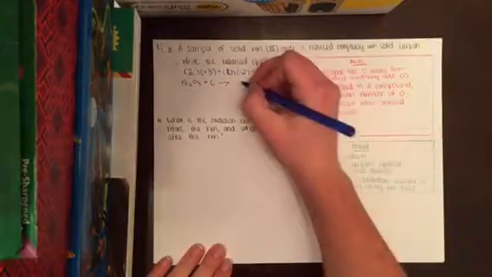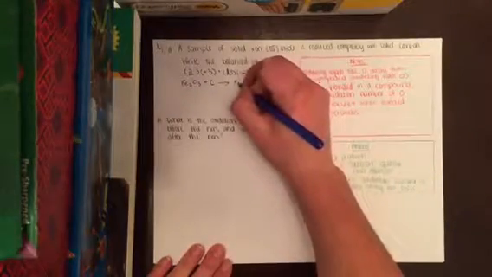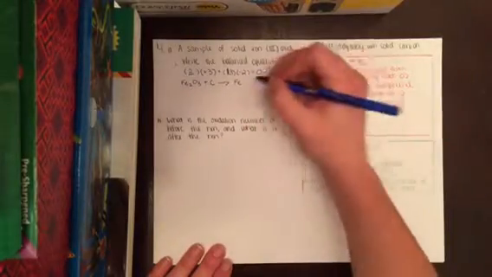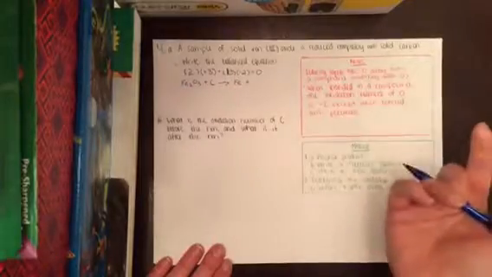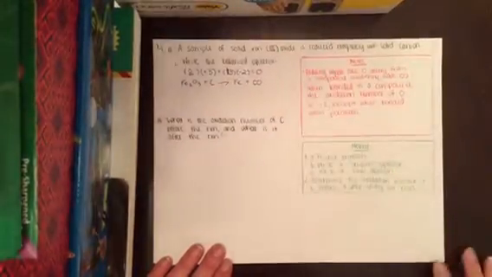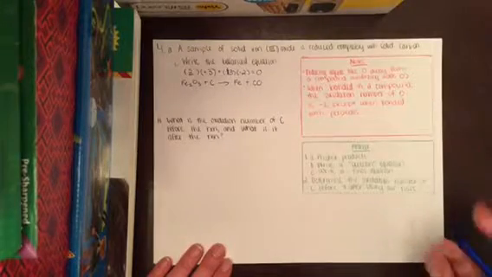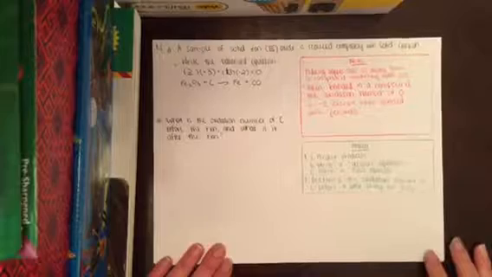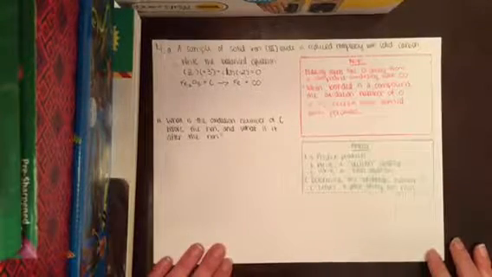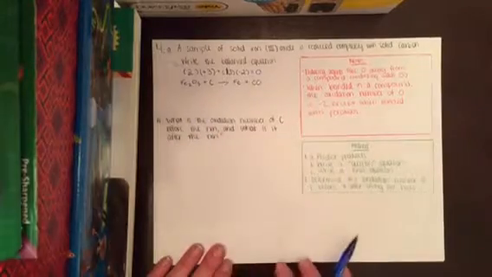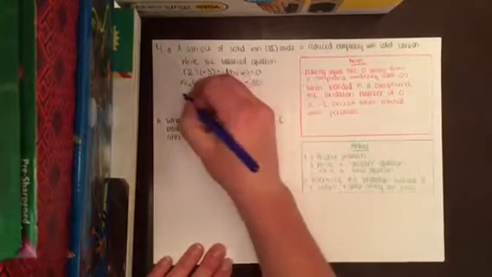But anyway, that's how we come up with our products, which is iron by itself, because the carbon took away the oxygen from the iron oxide and is now bonded with that. However, this is not balanced. Like I said, we're going to have a first draft and then we're going to balance it. So we have to make sure that there's 2 irons here but only 1 here, so we have to balance this equation.